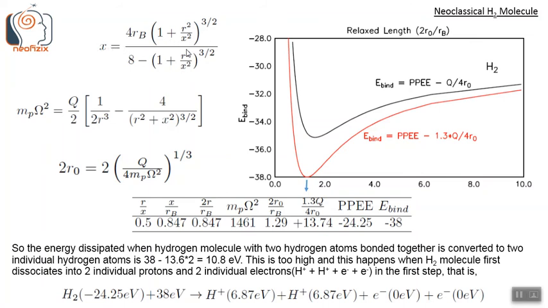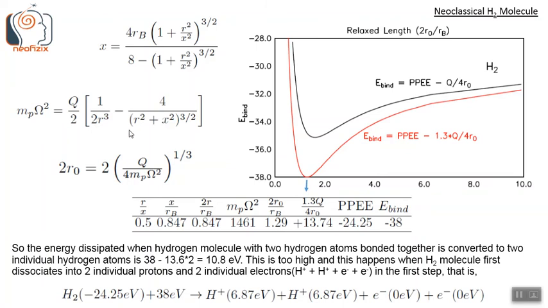Given any r by x value, we can find the value of x. And this is the new relationship between the mp omega square and the values of r and x. And this is the old formula that we used. This is from the circular orbit criteria. We use this to find out the relaxed length corresponding to this angular velocity omega.